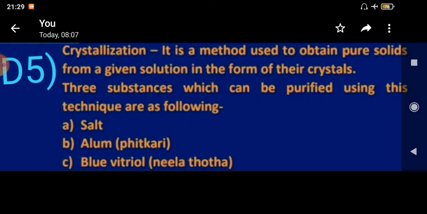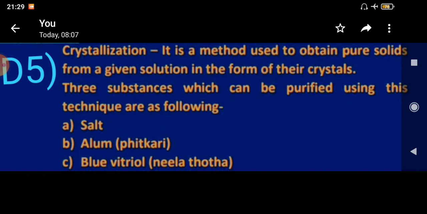The first question is, what is crystallization, and name any substance which can be purified using this technique. So crystallization is a method used to obtain pure solids from a given solution in the form of their crystals. This is very important beta, whenever you write it, please keep in mind that this is the method to obtain pure solids.